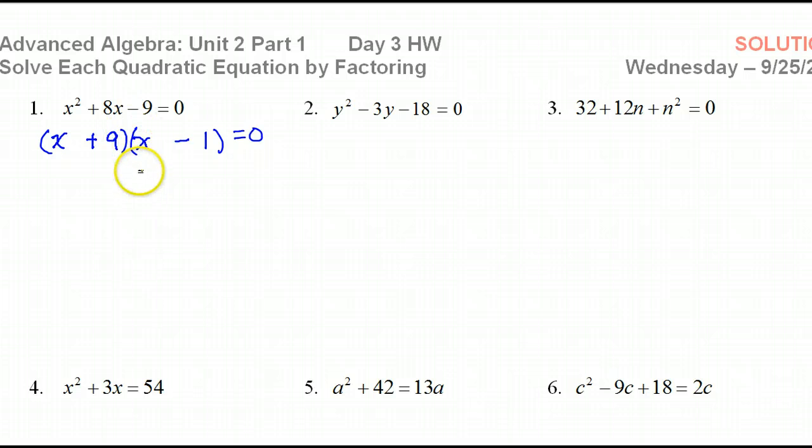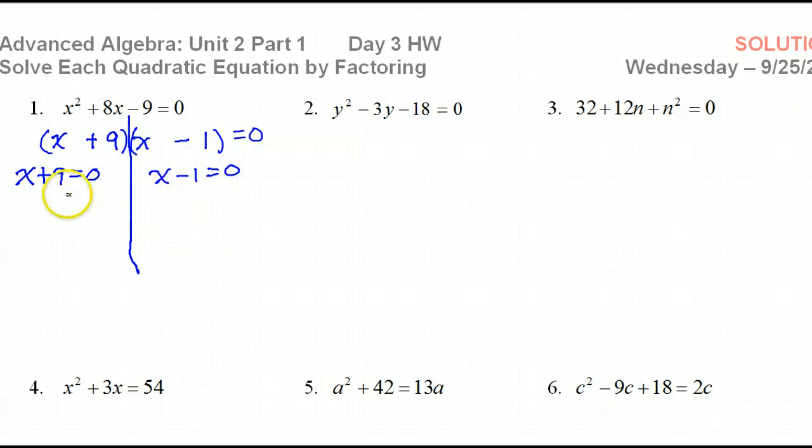So the additional step we have to take when we're actually solving, since we're trying to find out what x equals, is this. Basically, if something times something equals 0, then that means that either the first thing could be 0 or the second thing could be 0 or both.